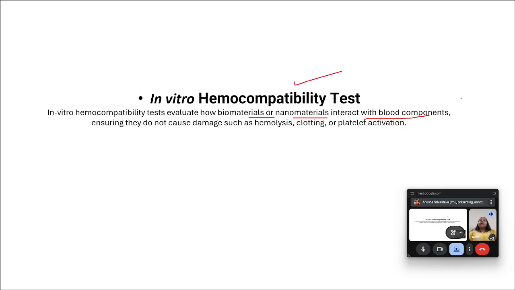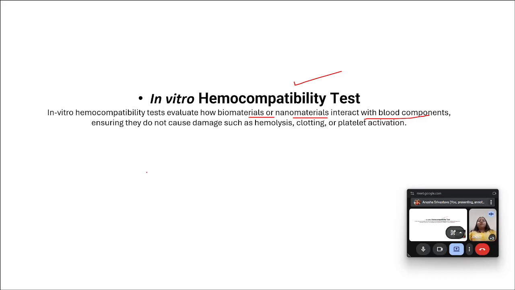Okay, so far we have seen the biocompatibility test: how do we check that the material is not causing cytotoxicity to the healthy cells, and to the cancer cells, how much toxicity it is causing, all of those things. Now, whenever any nanoparticle or nanomaterial, if we think of the bigger picture, it will come in contact with the blood.